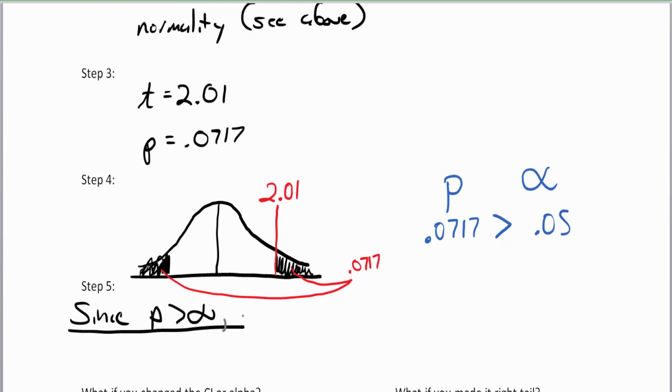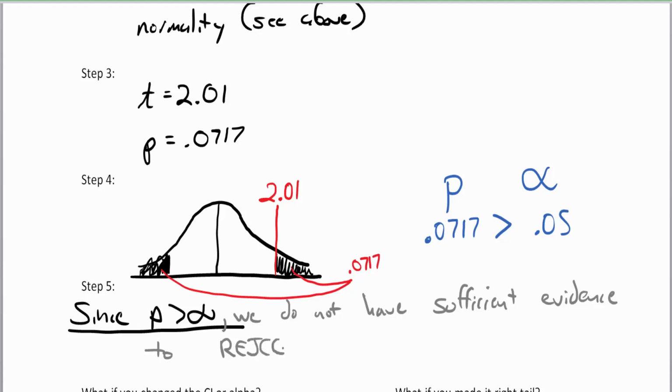Since p is greater than alpha, we do not have sufficient evidence to reject the null hypothesis. So you now do not reject because of this statement. Do not reject.